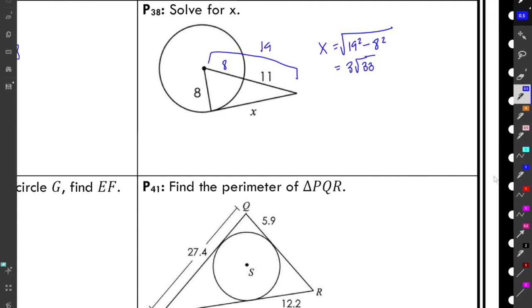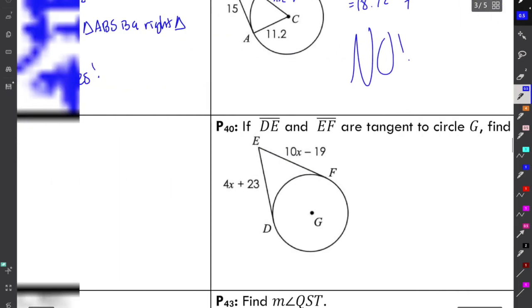Okay, and that's approximately, if you want both answers, 17.23. And we all know this is a right angle, because that's a radius intersecting a tangent line, which are always perpendicular.